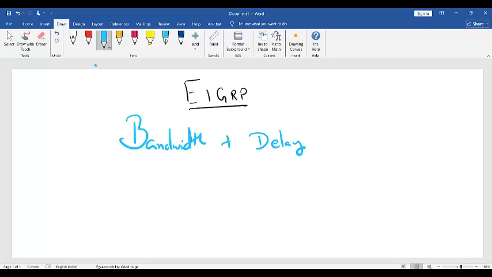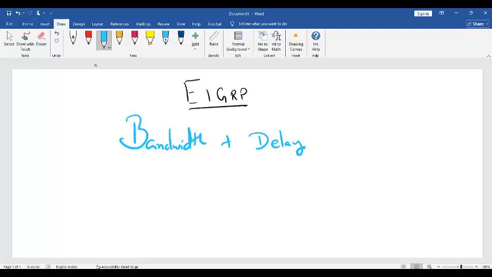The delay that is happening to reach the destination from point A via path 1 and via path 2, if you have two paths to reach point B from A, the delay is compared. The path with more bandwidth and less delay is considered as the best path.